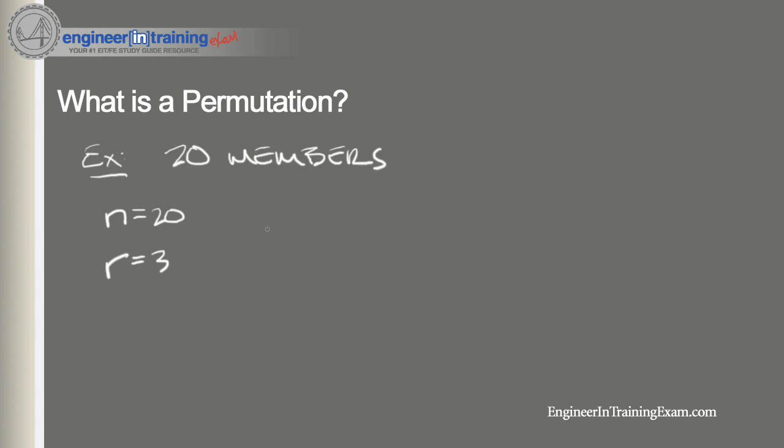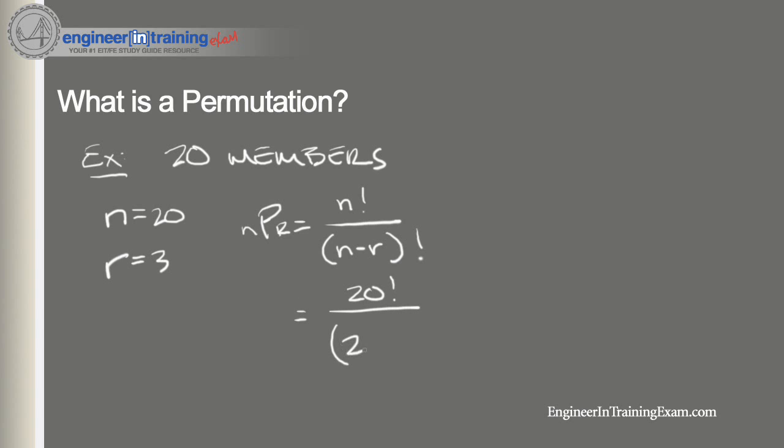So once again, all we need to do is take our standard permutation equation. We've got nPr is equal to n factorial divided by (n minus r) factorial. And we know that n is equal to 20, and we know that r is equal to 3. So to simplify that, we get 20 factorial over 17 factorial.